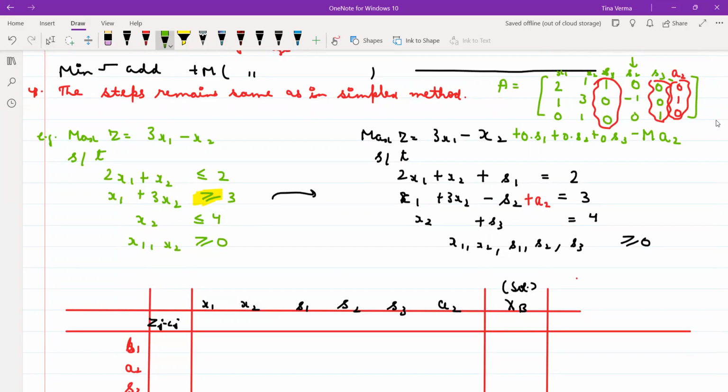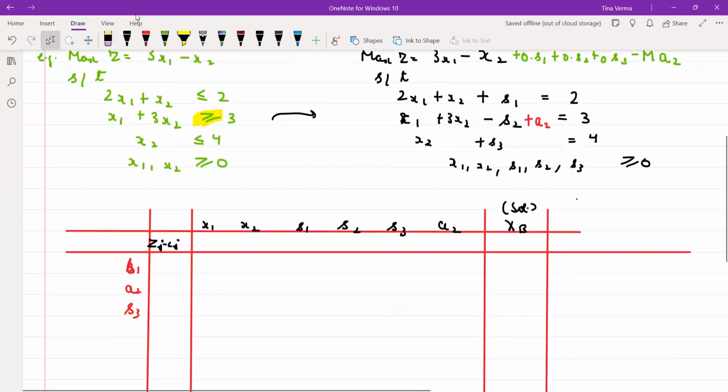If you have added more variables, you will subtract that many, minus A2, A3 and so on, if you add more than one artificial variable. Because you are adding this, here you write your CB. S1 cost coefficient is 0, A2 cost coefficient is minus M, S3 cost coefficient is 0.